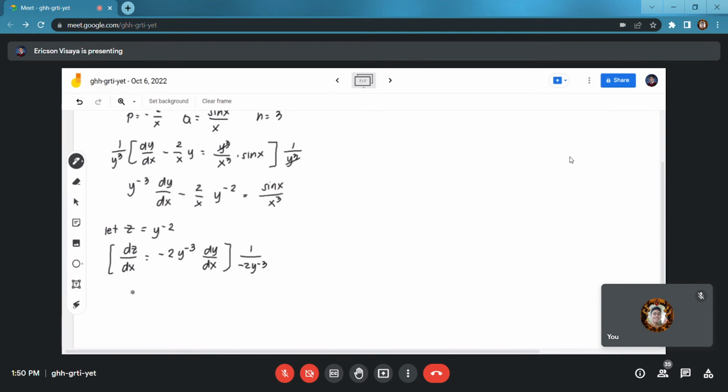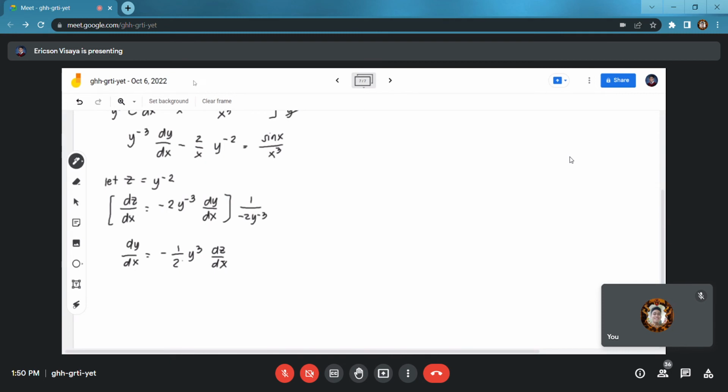So, bali, ang ating dy over dx is equal to negative 1/2 y cubed dz over dx. Then, pagkatapos ito, substitute na natin, no?